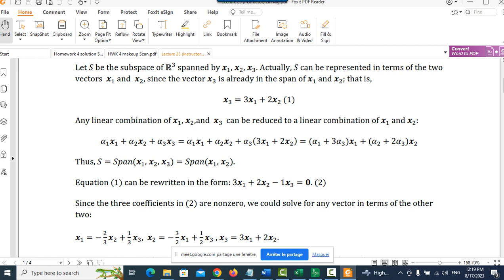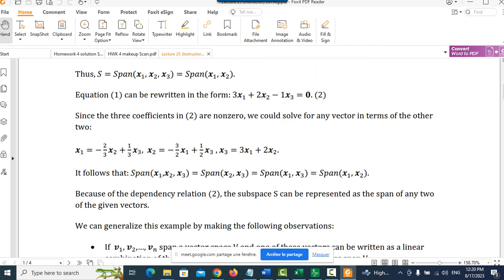If I take the x3 and bring it to this side of the equation, I obtain this equation over here. Since the three coefficients are non-zero, we could solve for any vector in terms of the other two. So x1 can be written in terms of x2 and x3, x2 can be written in terms of x1 and x3, and x3 can be written in terms of x1 and x2.